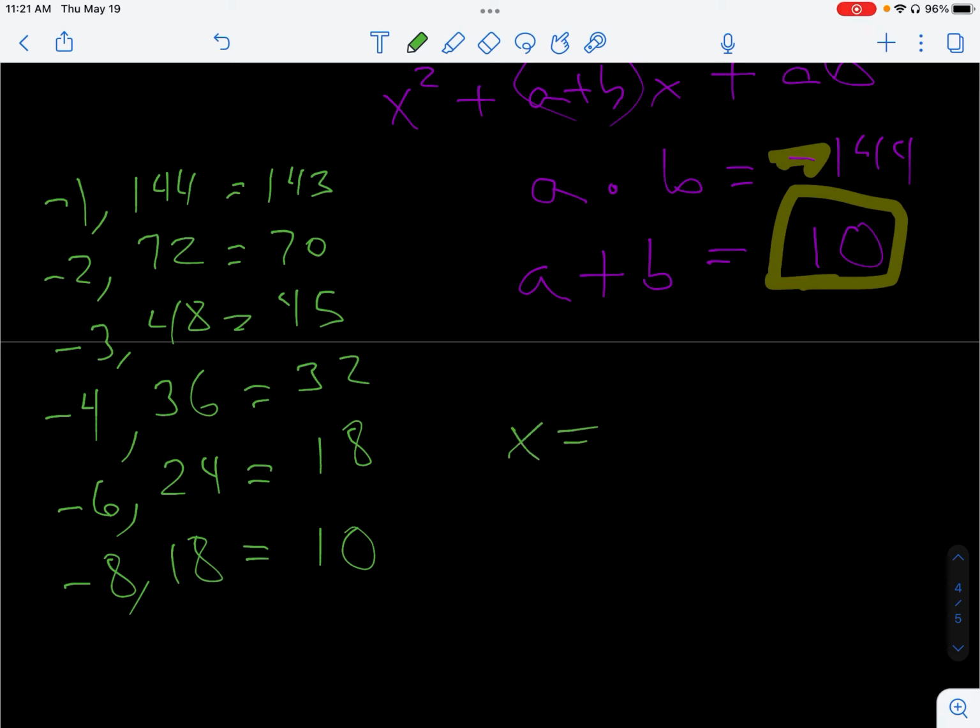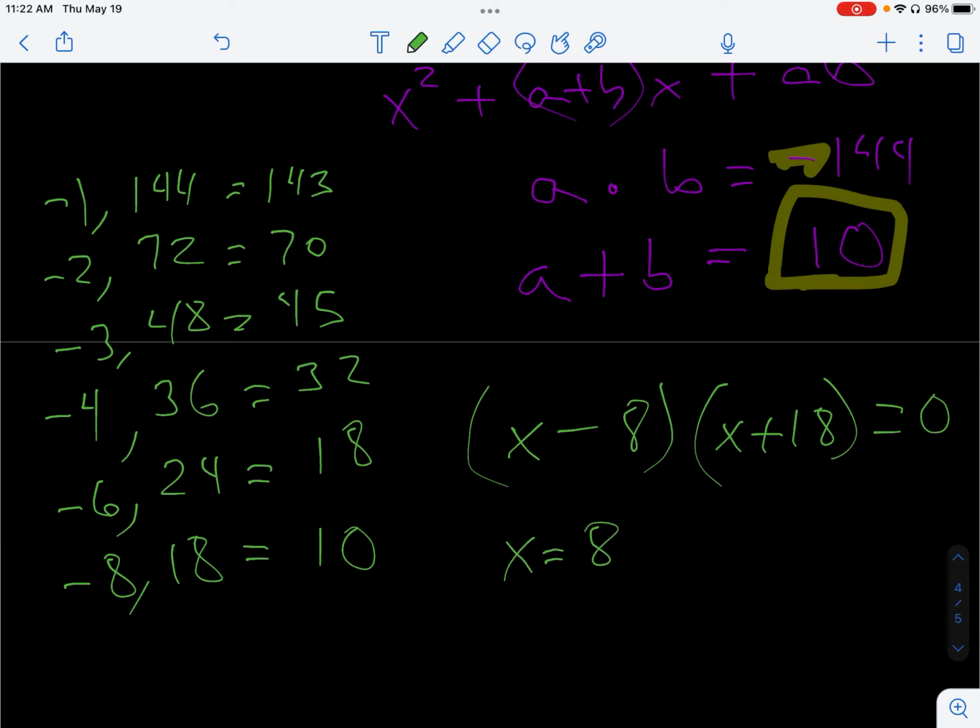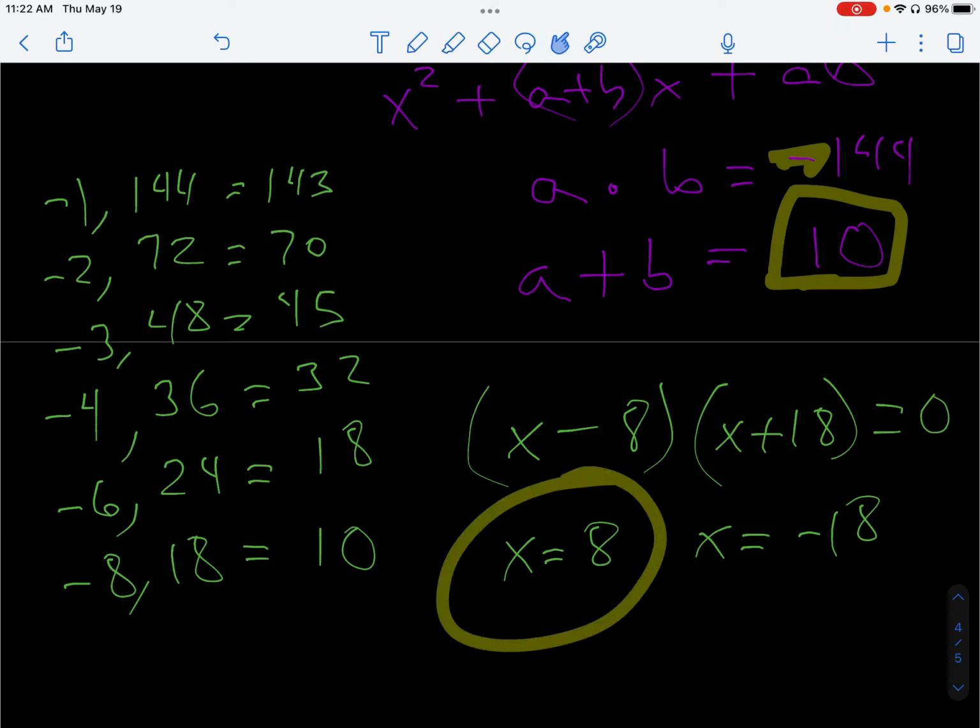So we have x minus 8 times x plus 18 equals 0. So x equals 8, because 8 minus 8 is 0, and x is also going to equal negative 18. We're dealing in distance, so 8 is our answer.